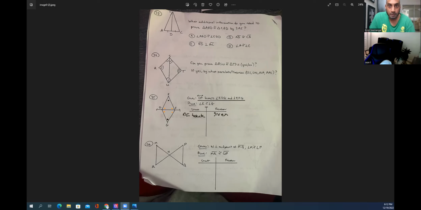That's the first line. Second line, then we know that by the definition of bisector.